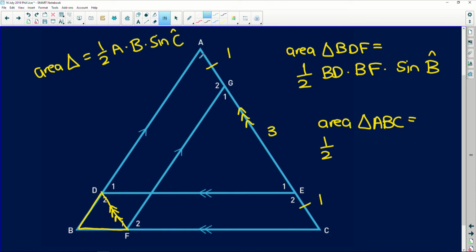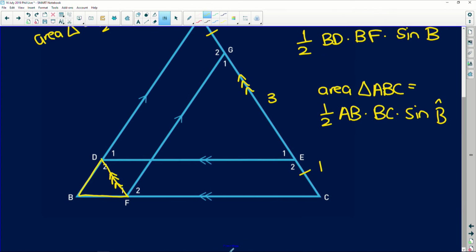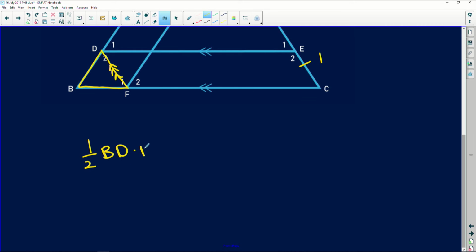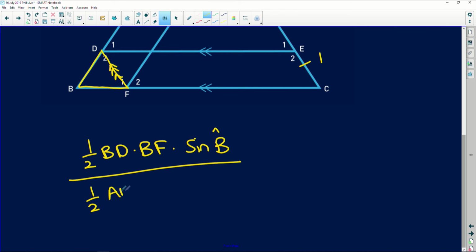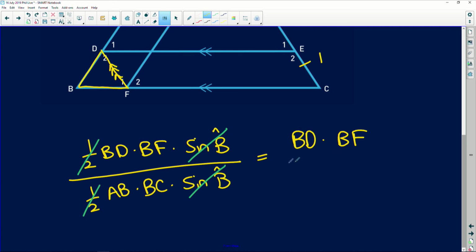It's going to give us a half of the whole side, AB, multiplied by the whole side, BC, multiplied by sine of the included angle, which is still angle B. Okay, so now if we put these two areas over each other, let's write that out. 1/2 BD multiplied by BF multiplied by sine of B over 1/2 AB multiplied by BC multiplied by sine of B. Immediately we can see that the halves are going to divide into each other to give us 1, and so are the sine of angle B. So we're going to get BD multiplied by BF over AB multiplied by BC.